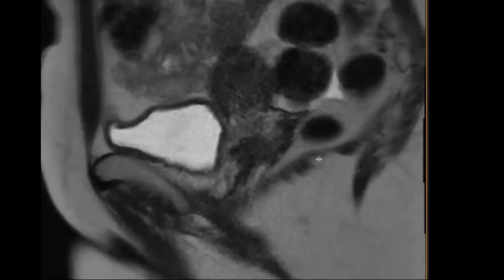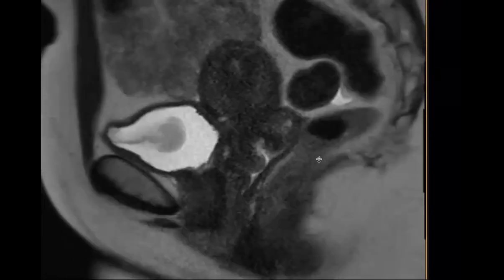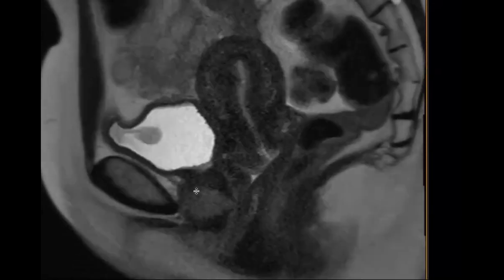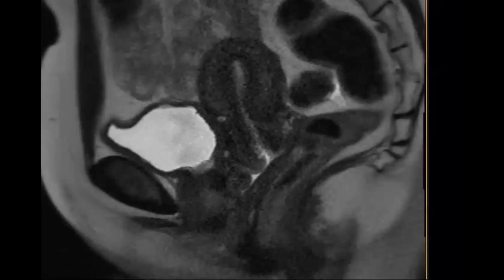So do you see any abnormality on the sagittal T2 pelvic MR? There's intermediate signal intensity over the mid urethra there. Yeah. Okay, excellent. I'm going to show you an axial T2 through the same region.